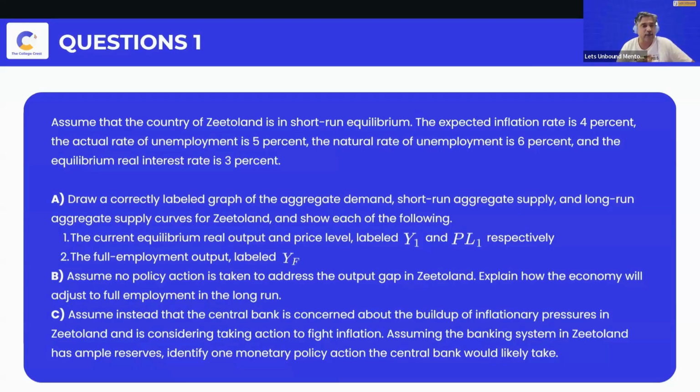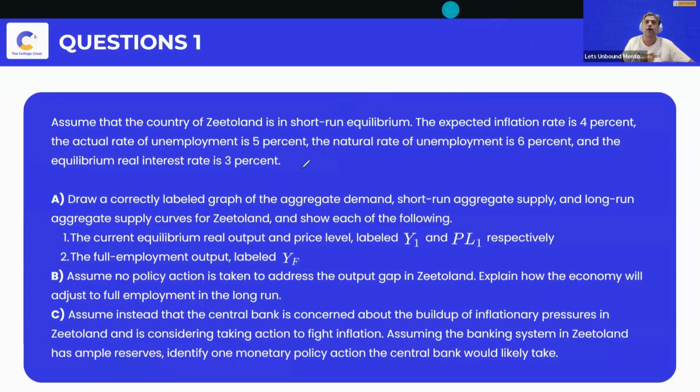Part A of this question, they say draw a correctly labeled graph of the aggregate demand, short run aggregate supply, long run aggregate supply curves for Zetoland. Show each of the following quantities on the graph. As we had discussed earlier, you would have to draw graphs as far as the FRQs are concerned.